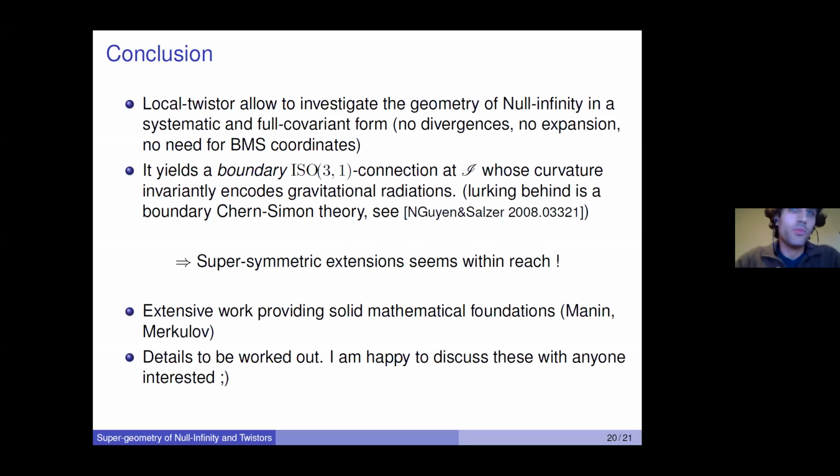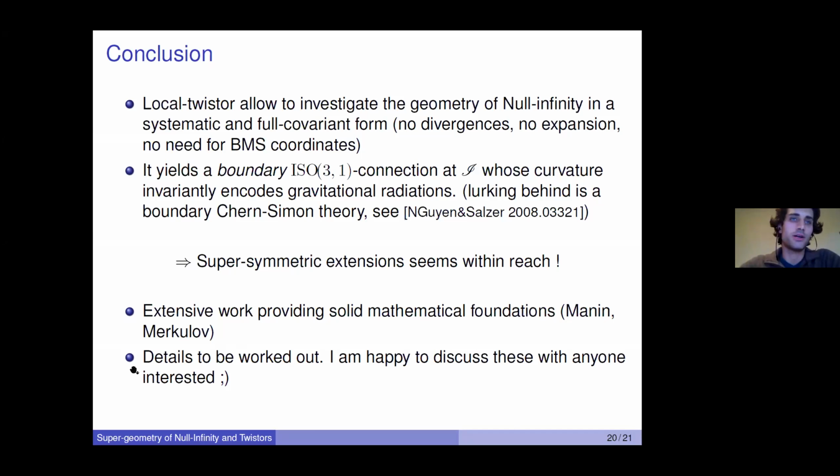Again, the real point of this talk is that supersymmetric extensions of all of this seem perfectly within reach. There are solid mathematical foundations due to Manin and Merkulov. This d-squared equals 0 formulation of supergravity equations is also closely related to the Sokatchev and Ogievetsky formulation of supergravity.